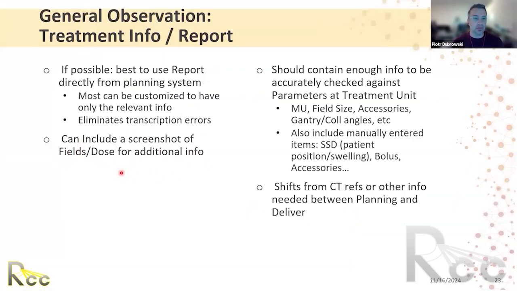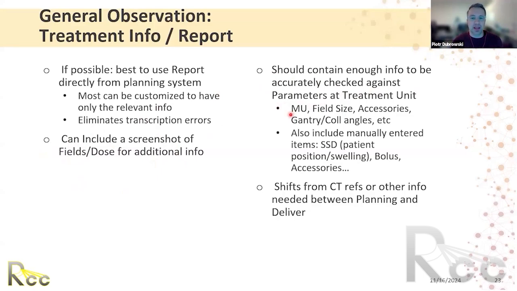So I'd be happy to bring a screenshot of the treatment planning system to anywhere I go from now on. And it should contain enough info that we accurately check against the plan that gets pulled up for treatment. You should be able to check everything you can dosimetrically against this document.